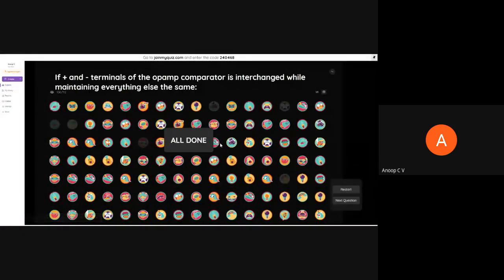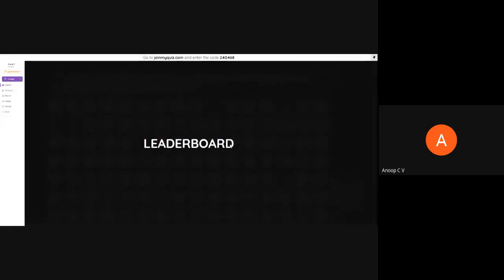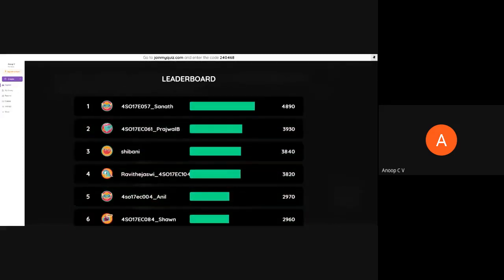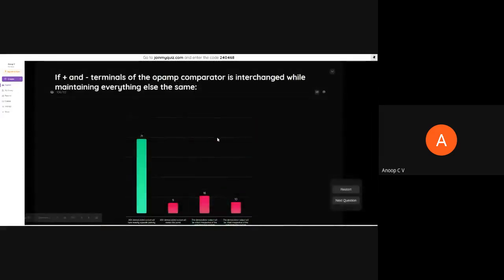Let's see the statistics and then the answer. I made a mistake in typing the option of the first question, so most of you might have made a mistake there, but it's okay. In this one, most of you have given the correct answer: the ASK demodulated output will have exactly opposite polarity.